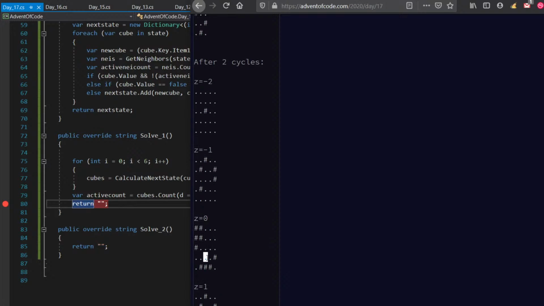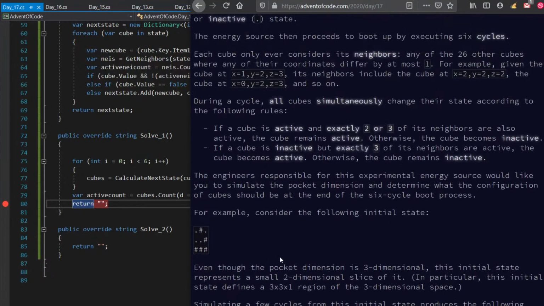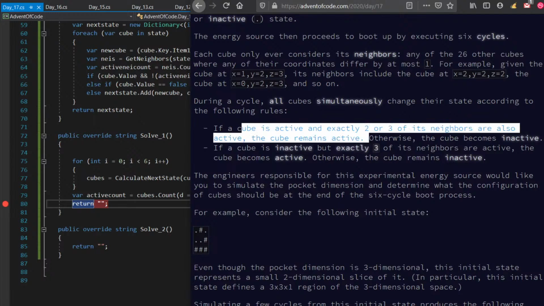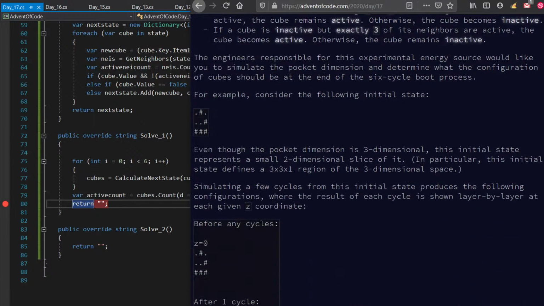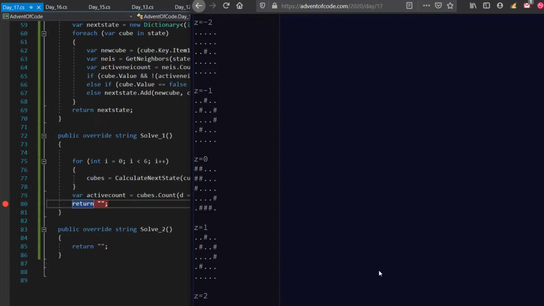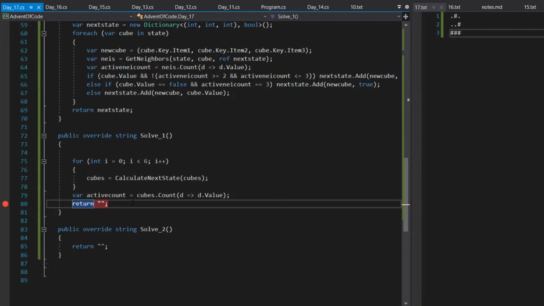But down here, it goes inactive. But according to this, it should have stayed active. So yeah. It's frustrating. Yeah, unfortunately, I'll just have to read somebody else's answer because I can't even comprehend what the question is asking me to do.